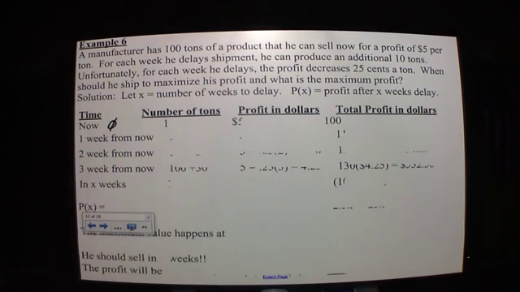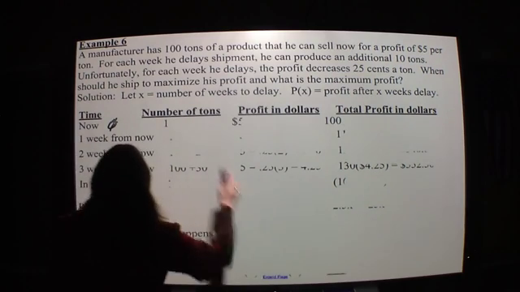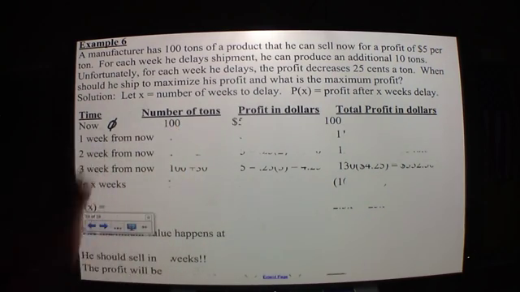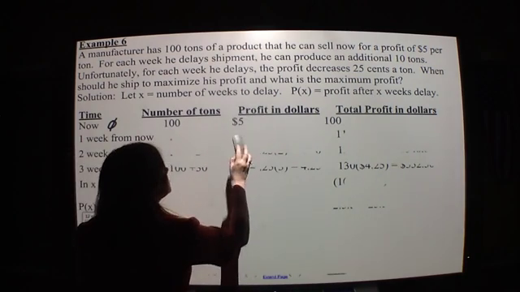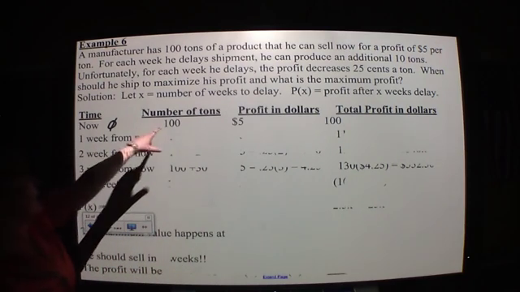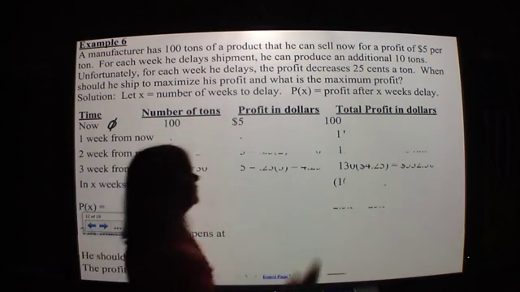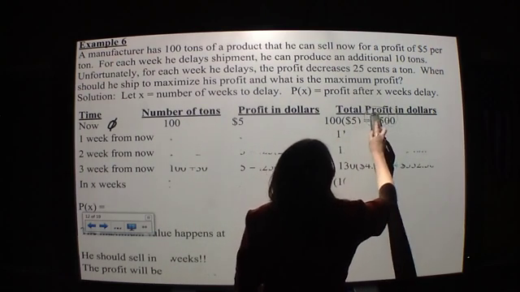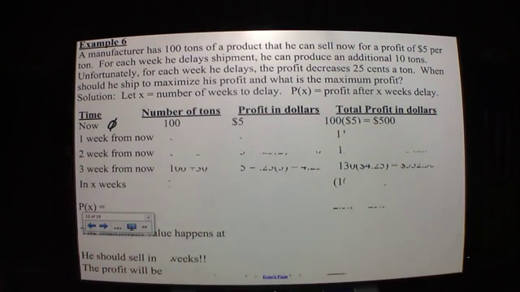At time 0, I would have 100 tons, it says, at a profit of $5 per ton. So to find my total profit, I would just take number of tons times the profit, and that would give me $500 profit.